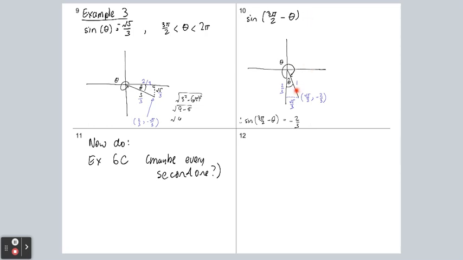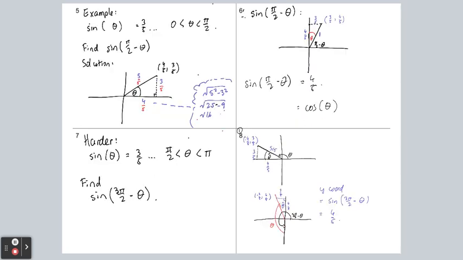You don't need to do any more work. That's going to be root 5 on 3. What's the tan of 3 pi on 2 minus theta? Just divide one by the other and you'll get minus 2/3. So the rest of the problem solving from then becomes fairly straightforward.